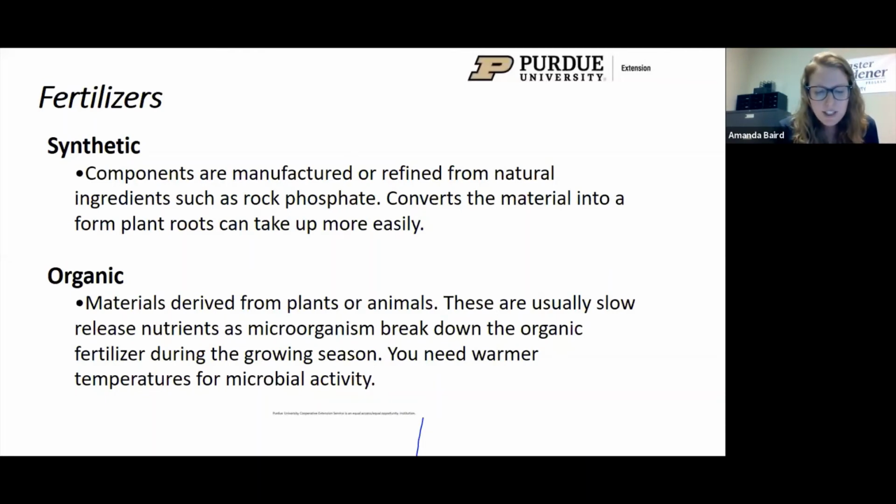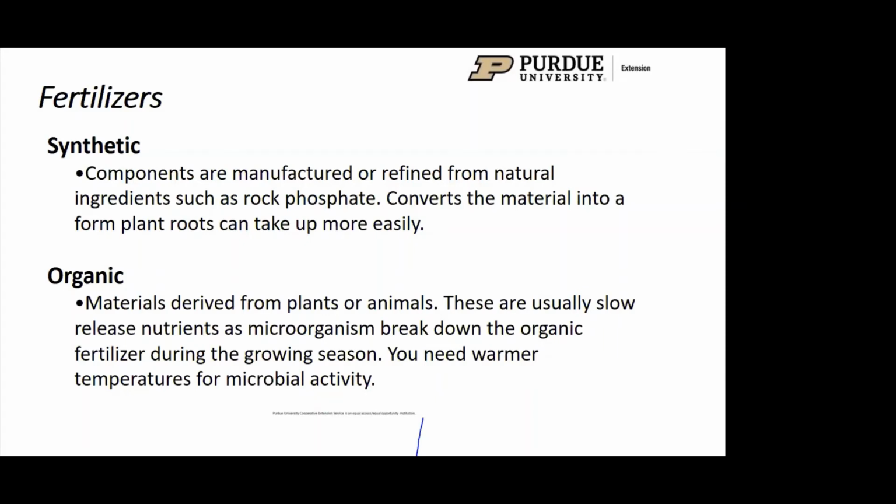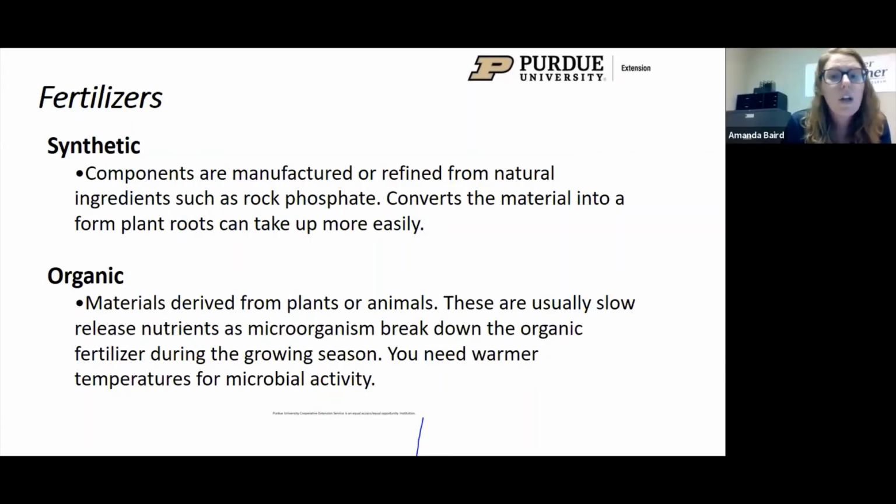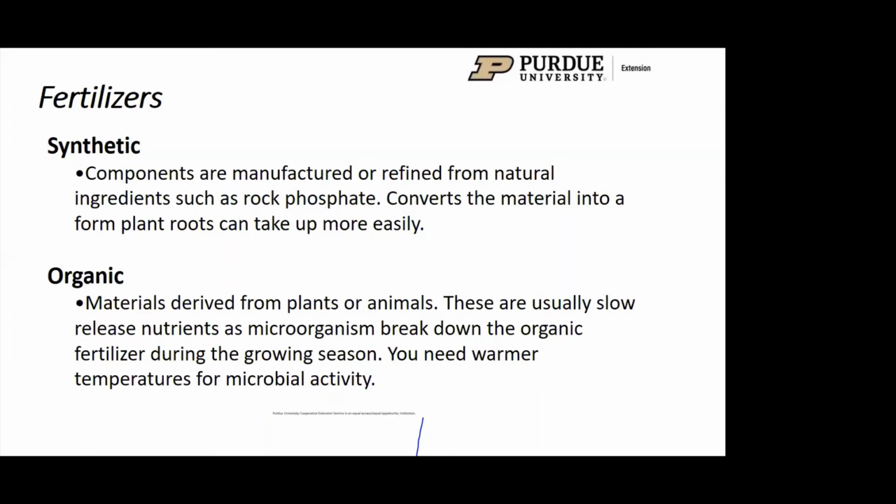Now, as an extension educator, we often get asked the question about what's the difference between an organic or a synthetic fertilizer? And really, it's just the materials in a sense that they're made from. So when we're looking at our organic fertilizers, we can see that these materials are mainly derived from plants or animals, and they are usually more of a slow release nutrient.